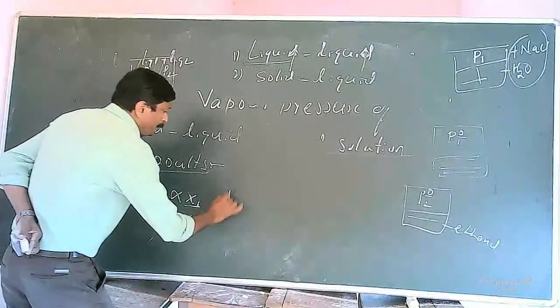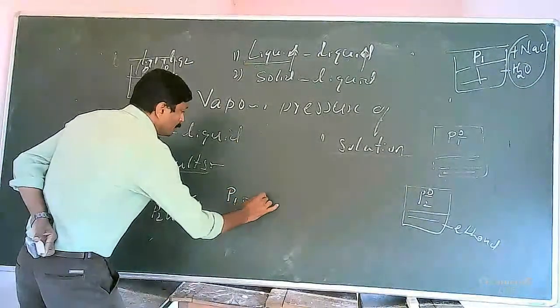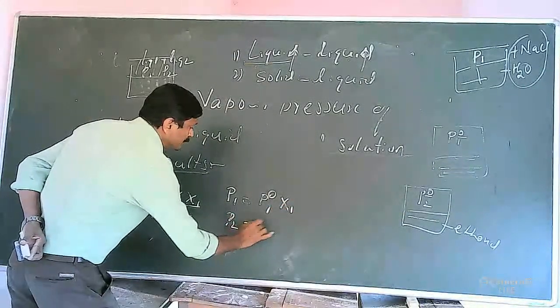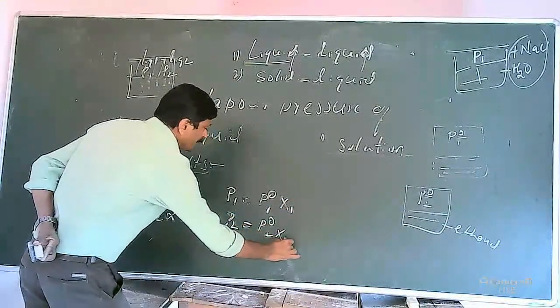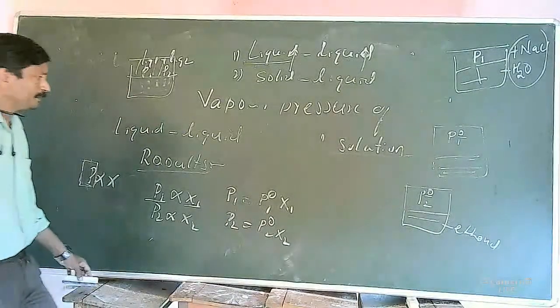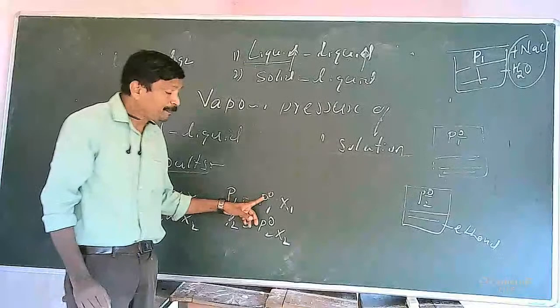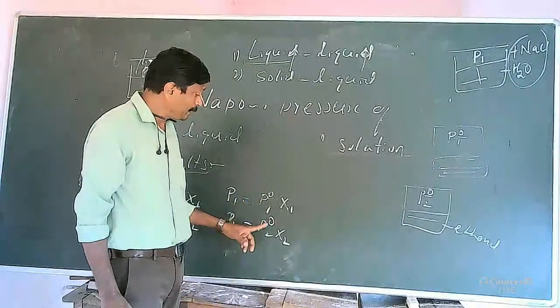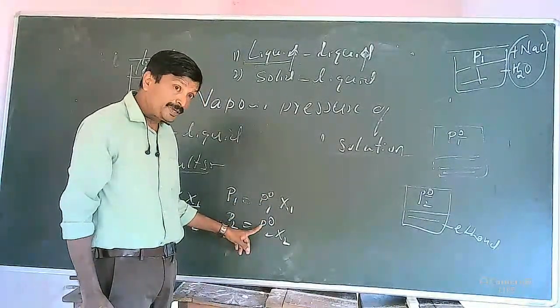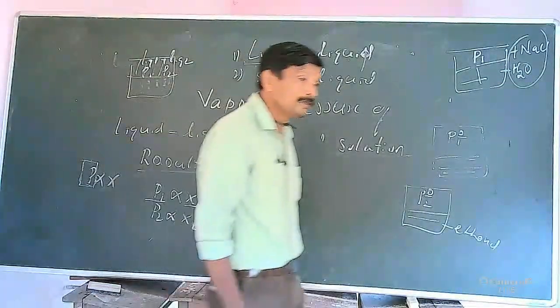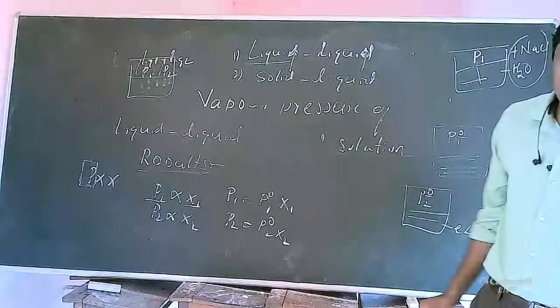So P1 is equal to P01 into x1. Similarly, P2 is equal to P02 into x2. So what is this P01? P01 is the vapor pressure of the pure component 1 and P02 is the vapor pressure of the second component. So this is Raoult's law.